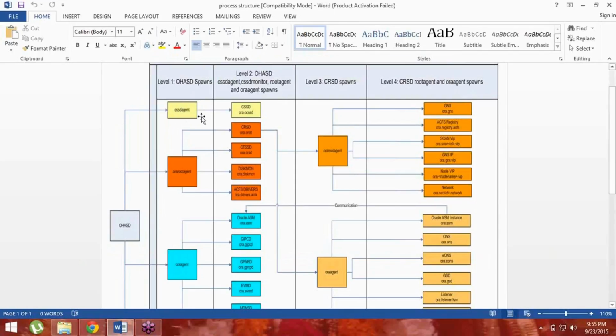the CSSD agent. You can see it on the top. CSSD stands for Oracle Cluster Synchronization Service Daemon. This will be starting, which is also known as CSSD, and the process name of this particular process will be ora.cssd, which you can see on level 2.